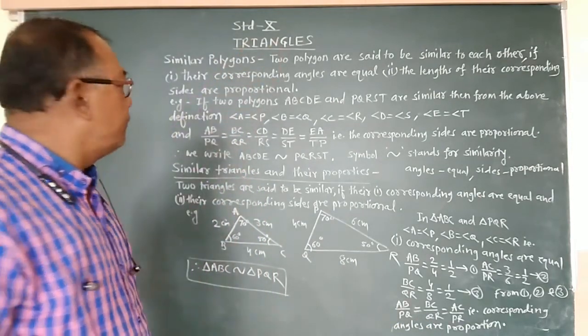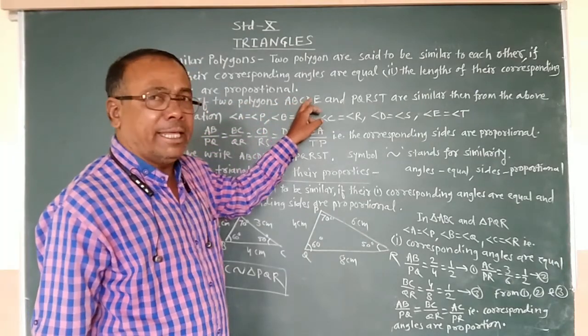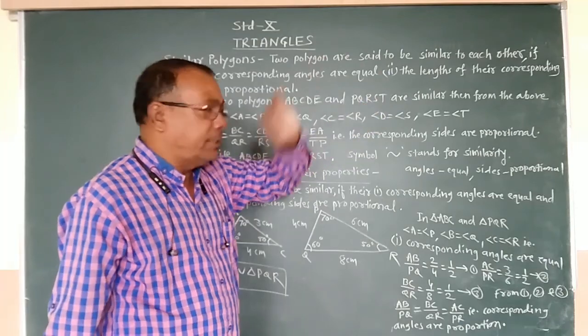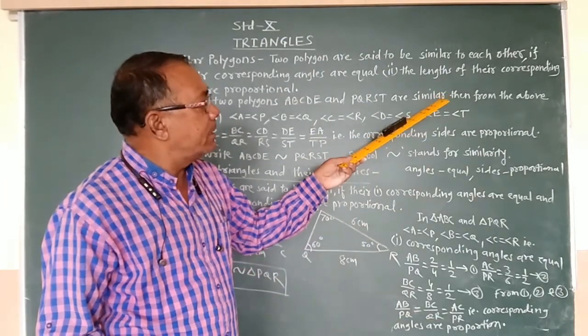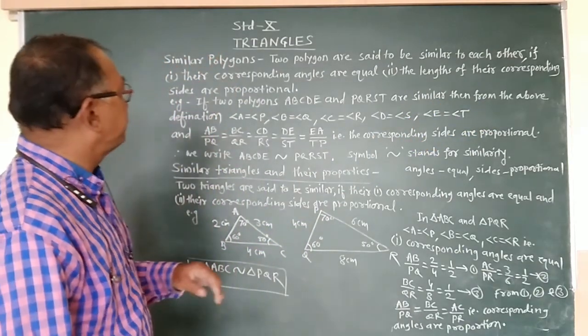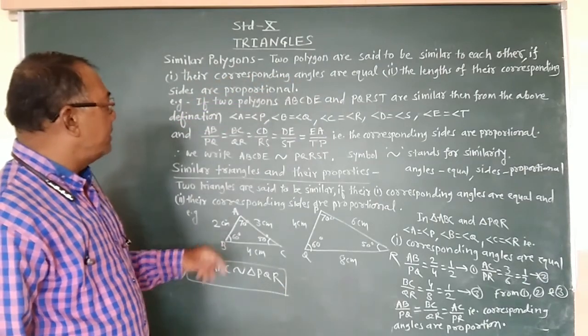For example, consider the two polygons ABCDE and PQRST. If these two polygons are similar, then from the above definition their corresponding angles are equal.